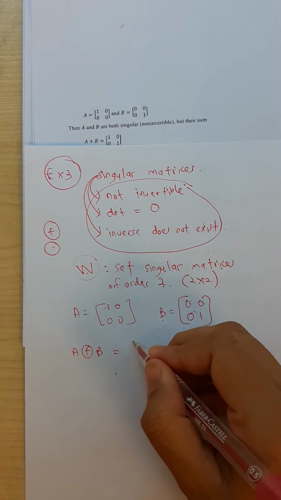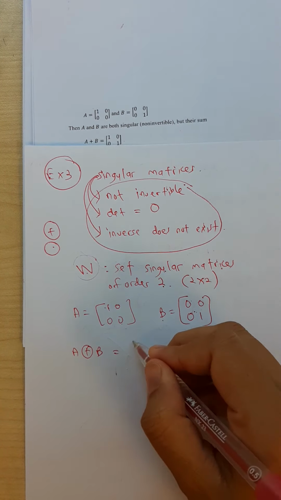Now let's check: is this A plus B inside W? Because if the addition A plus B is inside W, then W is a subspace. But if it's not, then W is not going to be a subspace. Subspace of what?